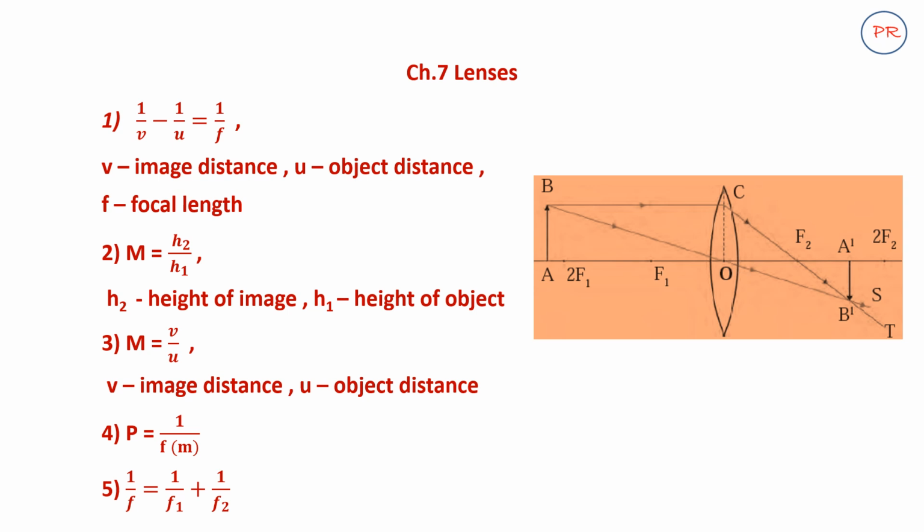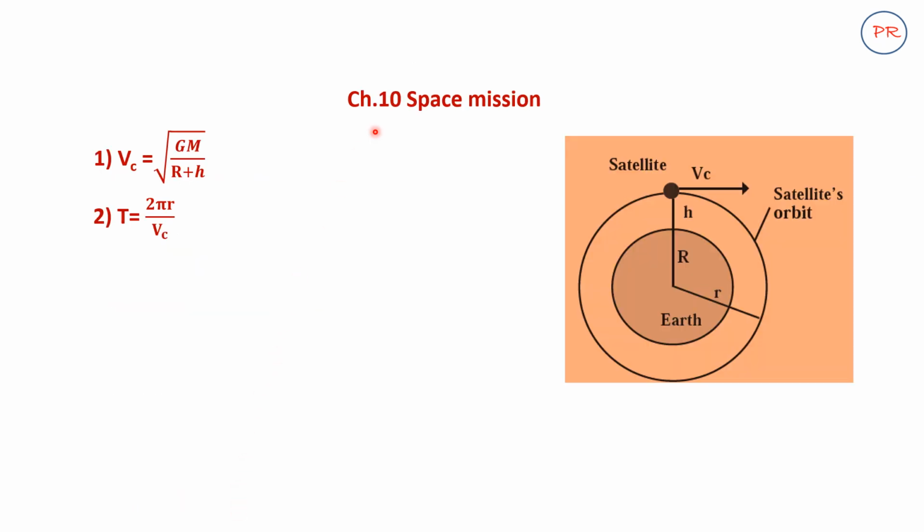Now the next chapter is chapter number 10, Space Mission. Here you can see the satellite revolving around the Earth in a circular orbit. For the satellite to revolve in a circular orbit, a tangential velocity called critical velocity is very important.